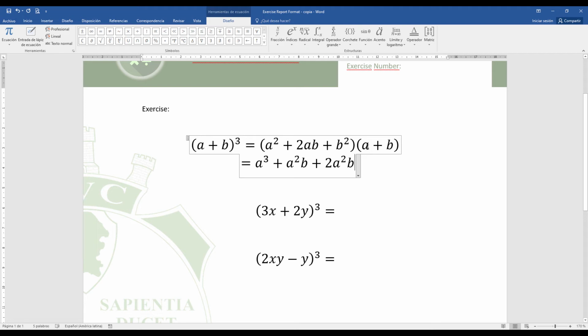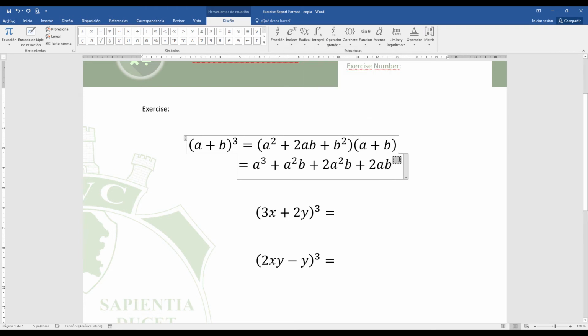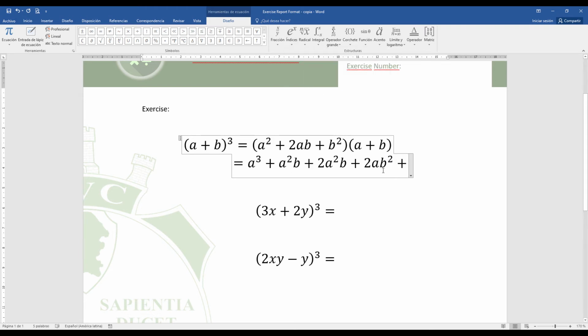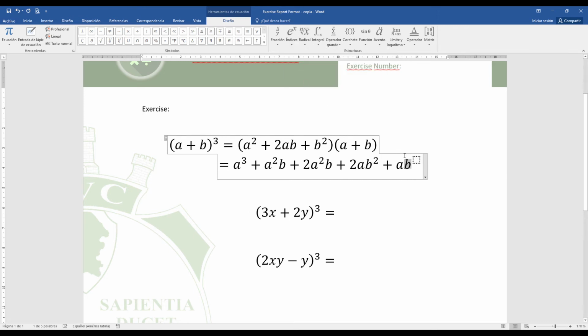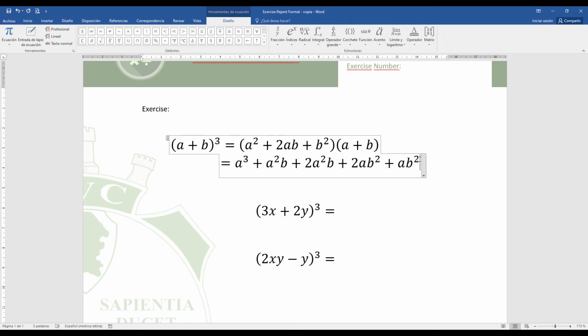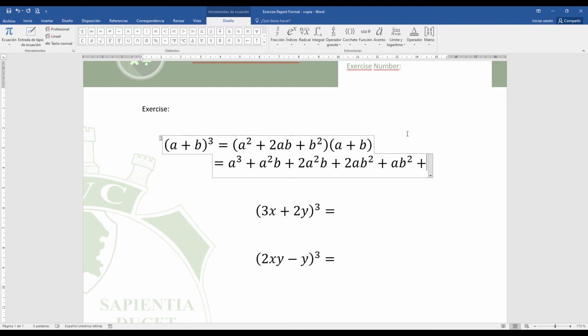Now plus 2ab times b, this is 2ab squared. Plus b squared times a, this is ab squared. And b squared times b, this is b cubed.